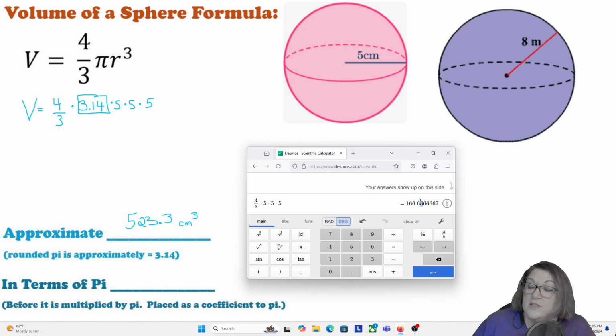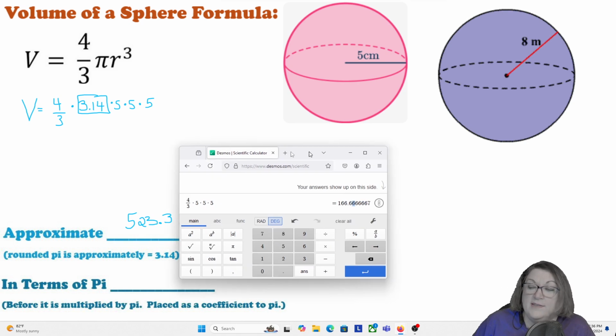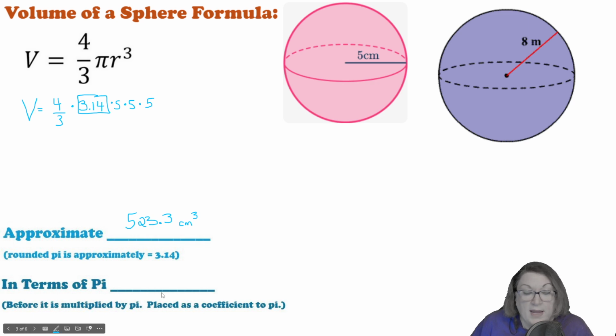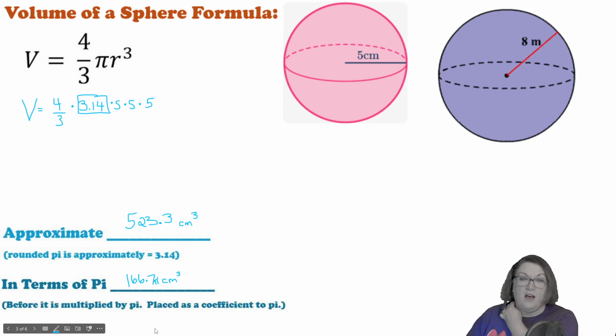It's 5 or more, so that means I have to round the 6 in the tenths place up to a 7. So when I'm writing my answer, it would be 166.7 centimeters cubed. And don't forget to save that pi for last and put that pi right next to your number there to give that answer in terms of pi.